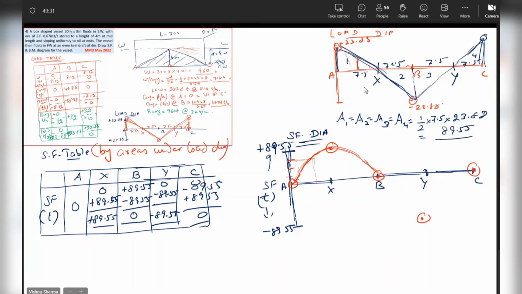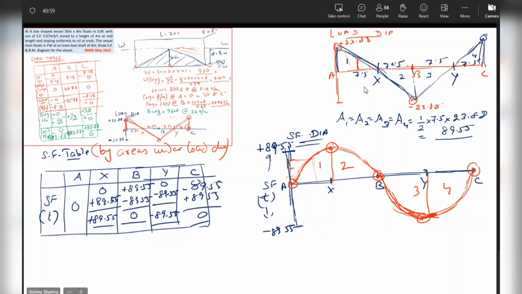Then the next triangle from B to Y is from base to vertex. So first it will remain steep, and then it will become horizontalish here. Same thing with a horizontal flip, and then it will close from here the same way. All these 4 quadrants are identical. So this value is here actually. Y is somewhere there. So if you see quadrant 1, 2, 3, and 4, they are all identical.